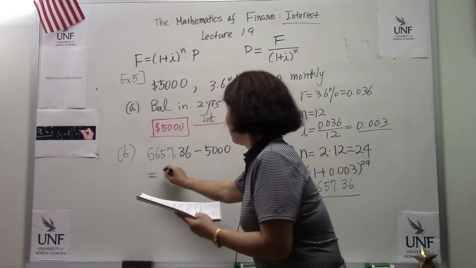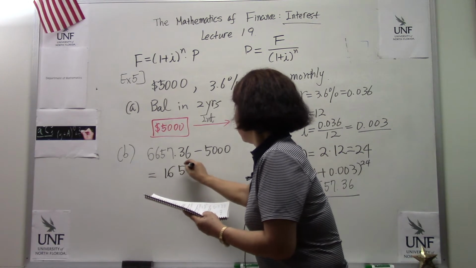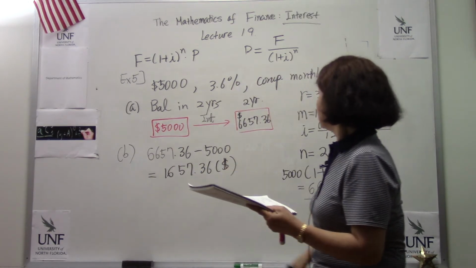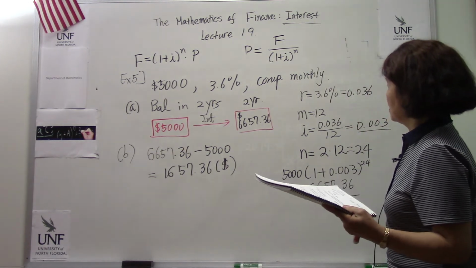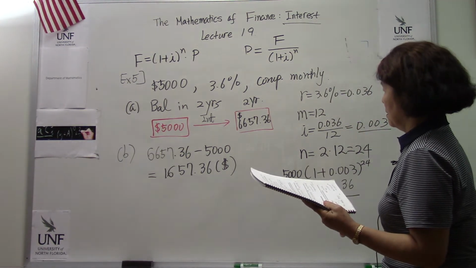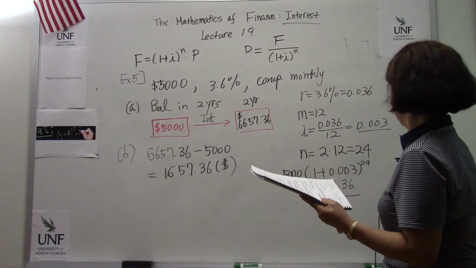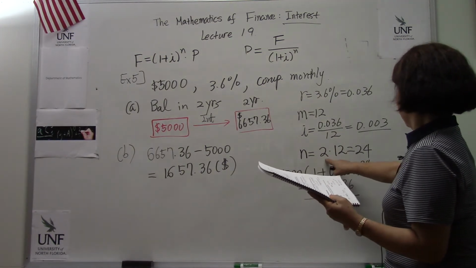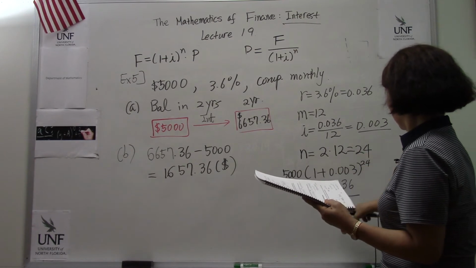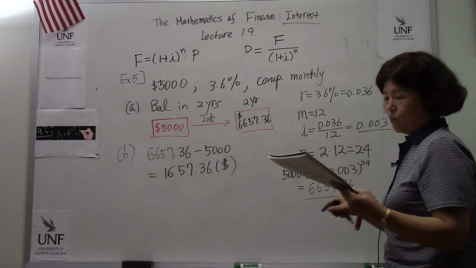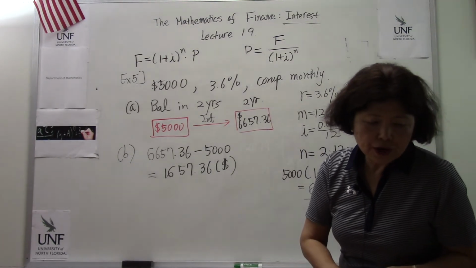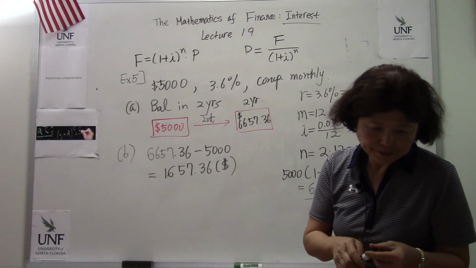So that gives you $1,657.36. So this is the interest earned first 2 years. Okay, 24. All right. So what is the interest earned during the third year?